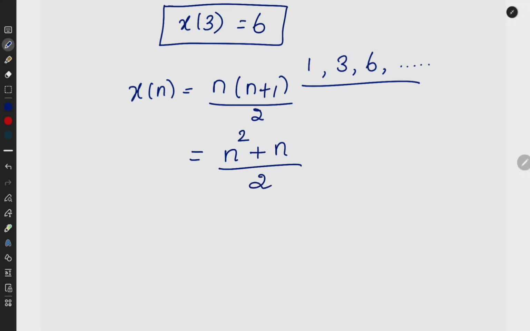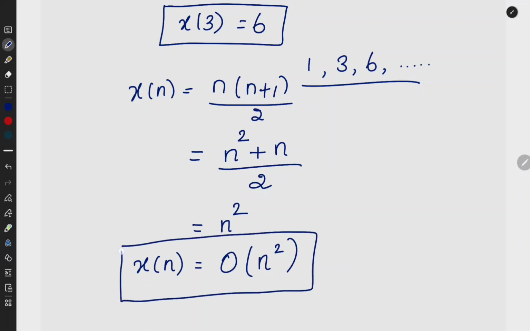So according to the property of asymptotic notations, we can omit the lower order and also the constant value. The time complexity will become n square. So the x of n is equal to big O of n square. So this is the time complexity of given recurrence equation.